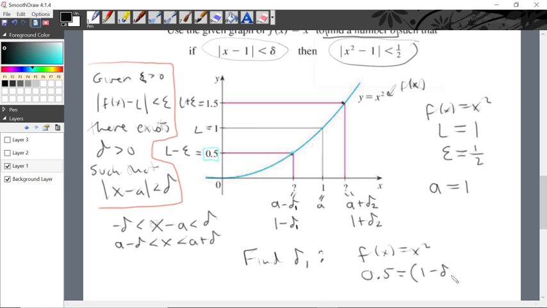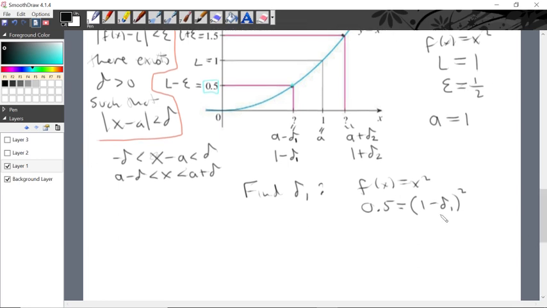So 1 minus delta 1 squared is equal to 0.5. With the square root property, we get plus or minus the square root of 0.5, or I'm going to go ahead and call that 1/2, is equal to 1 minus delta 1 in general. And the square root of 1/2 is root 2 over 2.